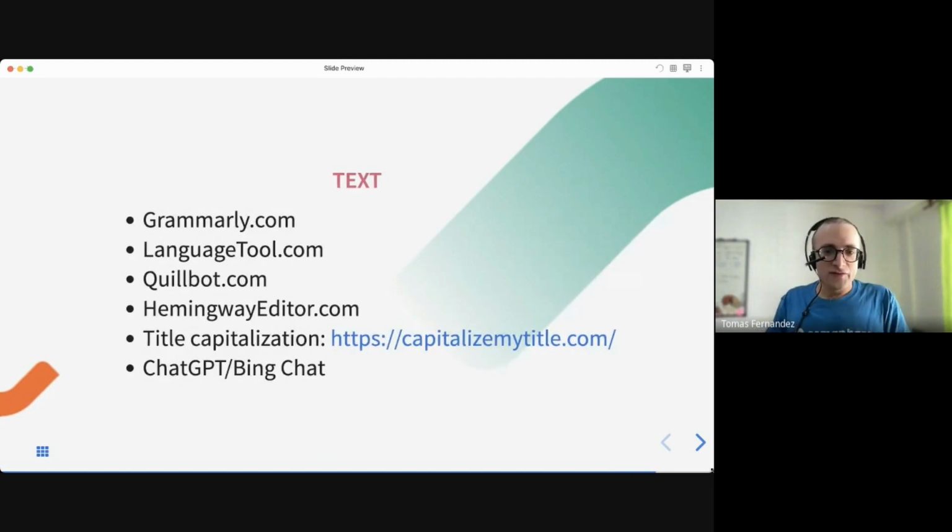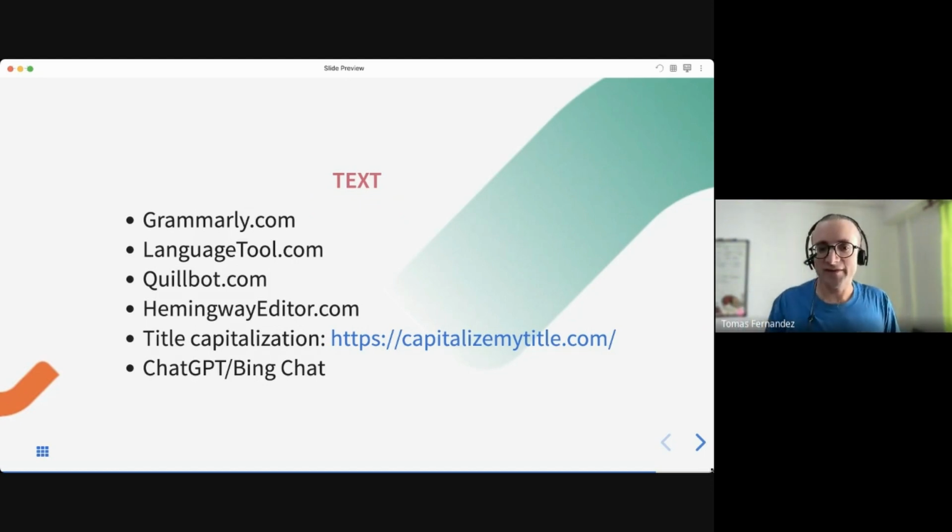The other thing is that when dealing with text, we need some way of checking our grammar. Grammarly is the classic tool. It has a free tier that works very well. LanguageTool has more languages. It's not only English, so it has different types of languages.